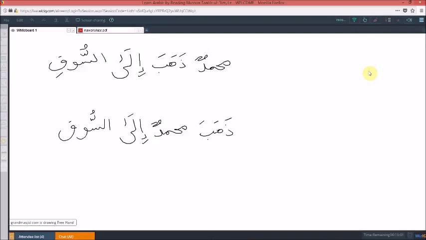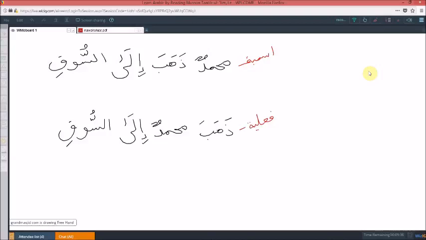So if it's gonna be marfu' right there, should we make Muhammad marfu' then? Both of them are marfu'. Both of them. Okay, now let's look. This one here is a jumla ismiya. This one here is a jumla fi'liya.